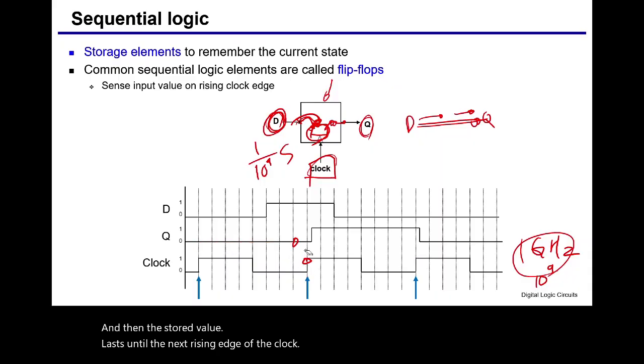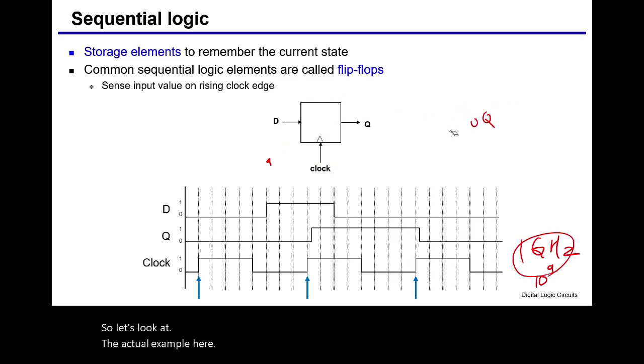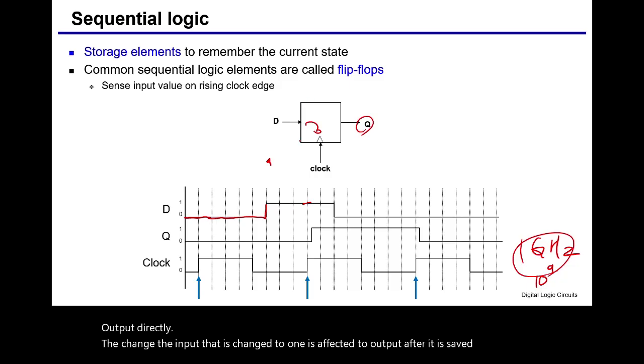So let's look at the actual example here. We have a D value that is 0 here, and then it changes to 1 here, but it doesn't actually affect the output directly. The changed input, which is changed to 1, affects the output after it is saved internally in the flip-flop.